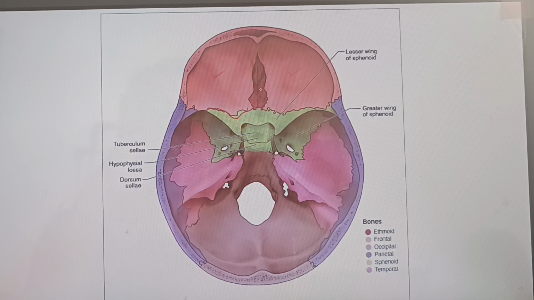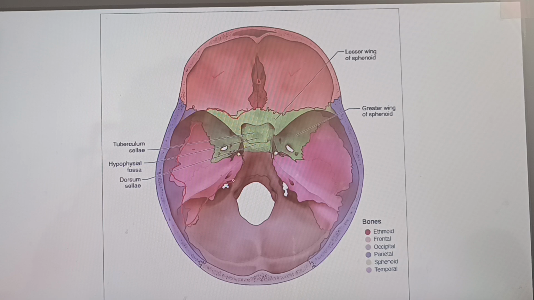In the center, the roof of the nasal cavity is formed by the ethmoid bone. So this is in front, and laterally you have the squamous and petrous part of the temporal bone articulating with the greater wing of the sphenoid, while the posterior part and a little bit of the greater wing is also articulating here with the parietal bone.